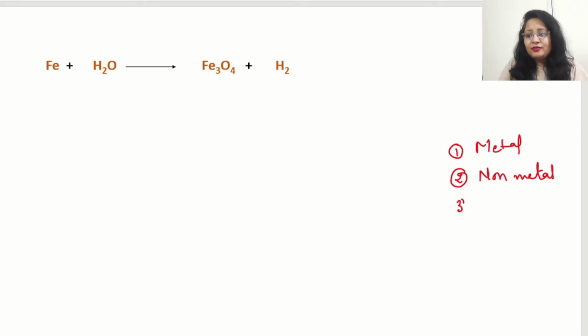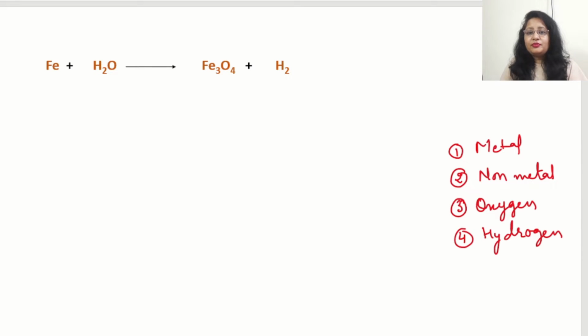Then third, we will work on oxygen. And fourth will be hydrogen. So when we see any chemical reaction, we will follow this sequence to balance the reaction: metal, non-metal, oxygen and hydrogen. So let's have example number 1.